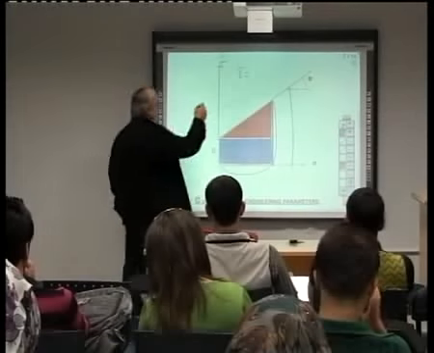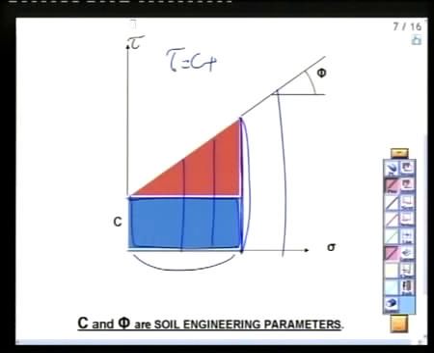So C plus, then this change, right? Here small, bigger, bigger, smaller. So how much is this portion? It's sigma tan phi. You see from where we get this equation? So at any sigma, tau equals C plus sigma tan phi. Okay? You know how we get that.